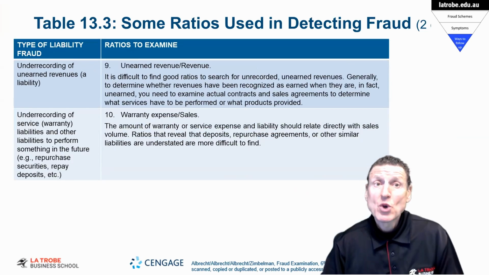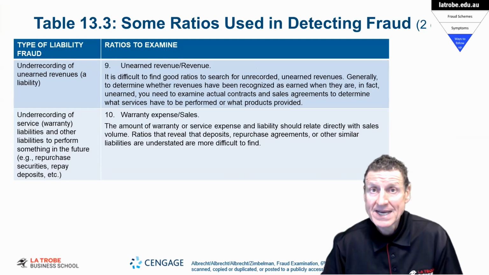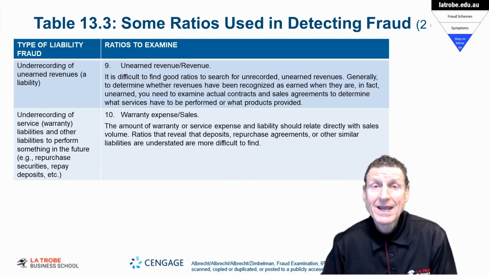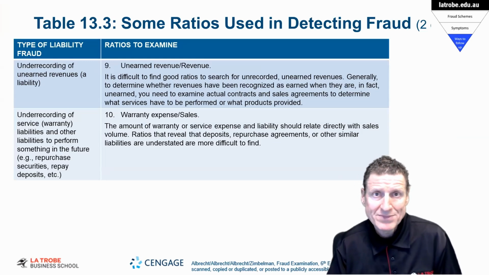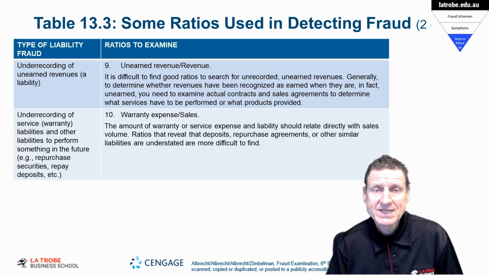If we look at the under recording of unearned revenues or the under recording of service warranties, again, we can look at unearned revenue as a percentage of revenue or warranty expenses as a percentage of sales. These ratios are really handy for looking at unusual patterns or discrepancies in the financial statements from period to period and within each period.